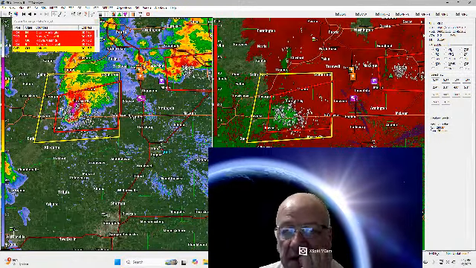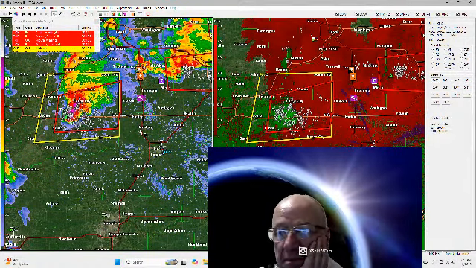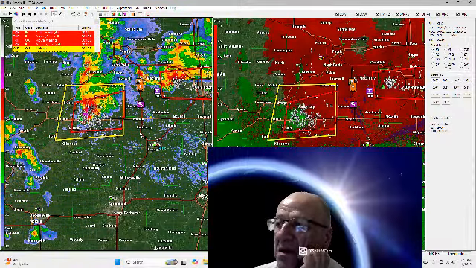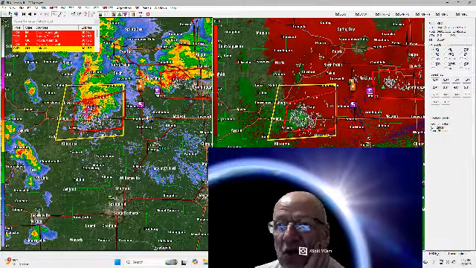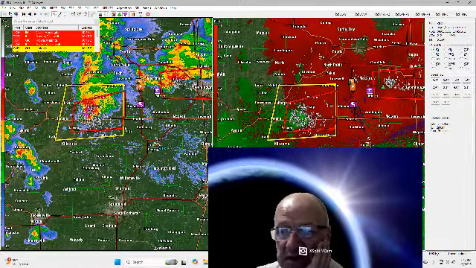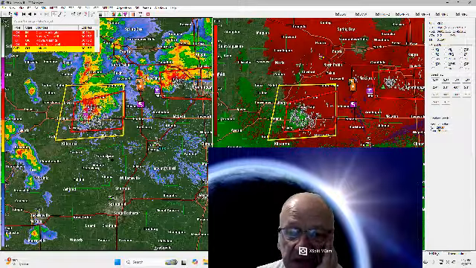Funnel cloud, okay, we're just keeping an eye on here. Look at live coverage of the storms that are moving through parts of the Midwest and Southern Plains.